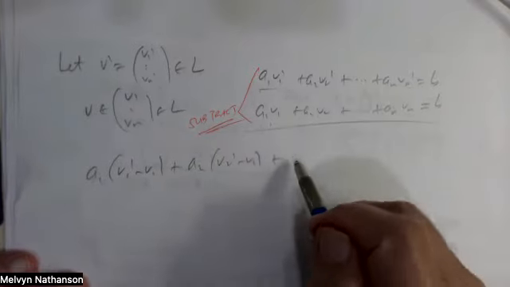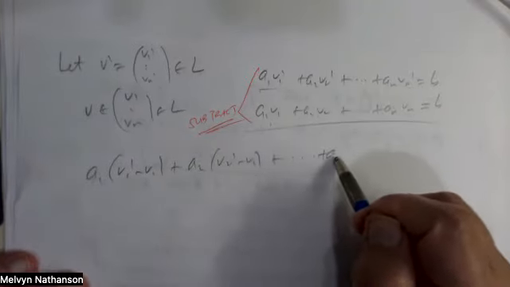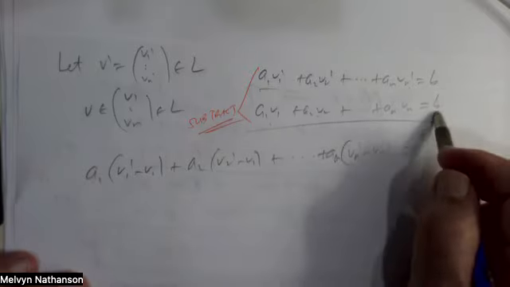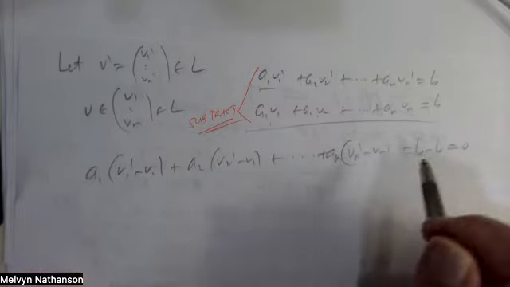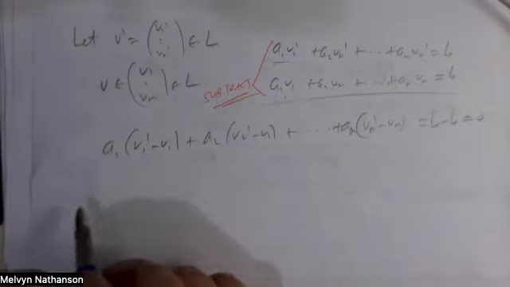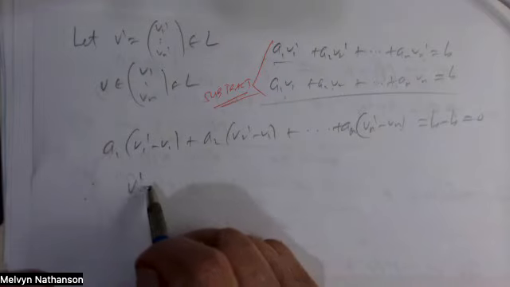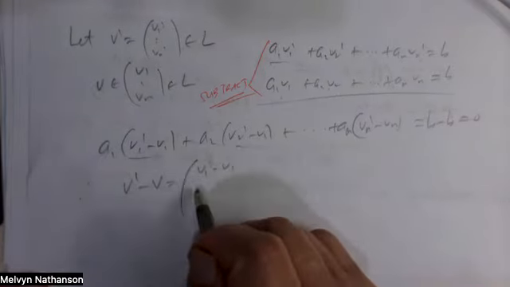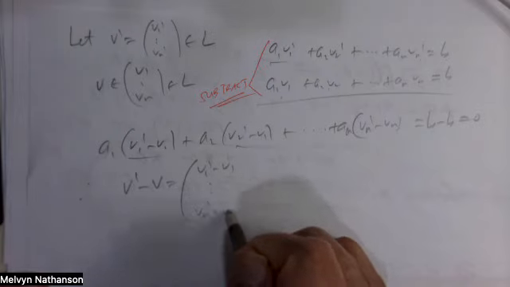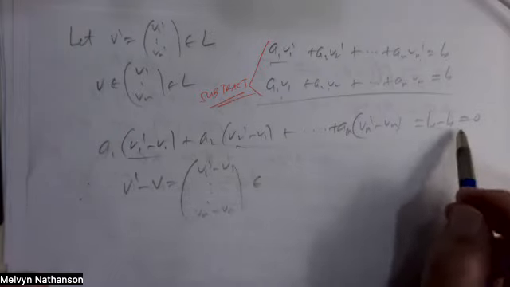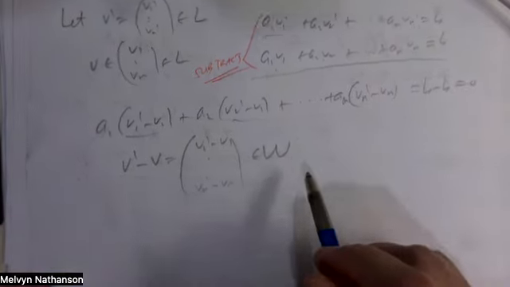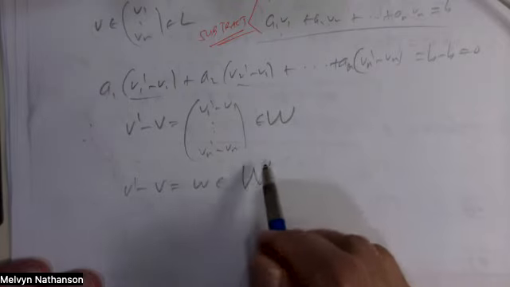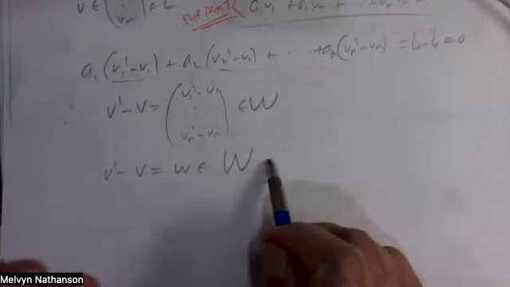When I get to the last term, it's An times (Vn prime minus Vn) equals this minus this, B minus B, which is 0. That means the vector V prime minus V, with coordinates V1 prime minus V1 down to Vn prime minus Vn, is a solution of the homogeneous equation. So V prime minus V is some vector W in the subspace of homogeneous equations.